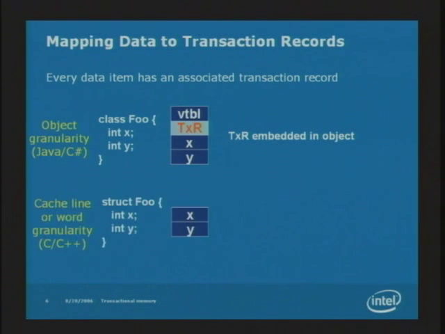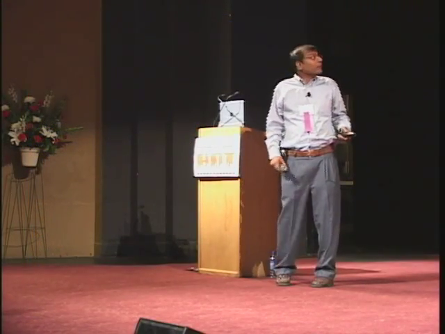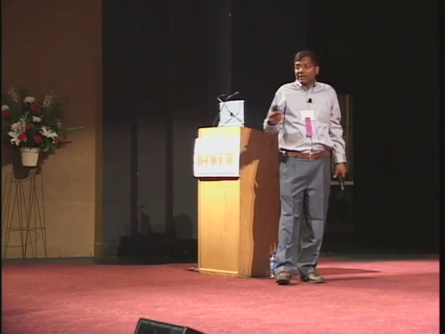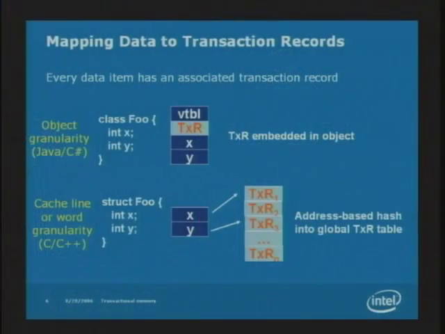If you have an unmanaged language such as C or C++, you could end up with arbitrary pointers inside an object. Given an arbitrary pointer, there's no way you can figure out where the object starts. In that case, we use address-based hashing. At runtime, the transactional memory library maintains a table of transaction records, and given any particular address, we hash into this table of records.